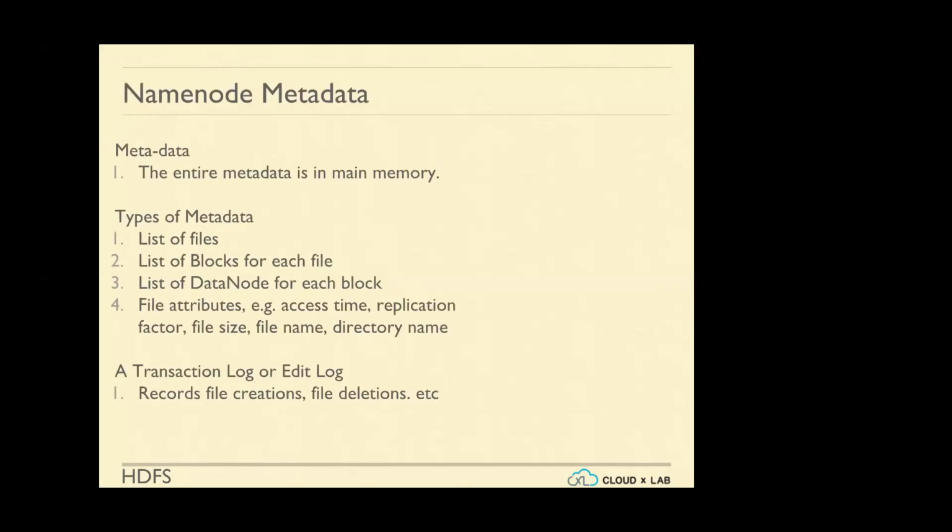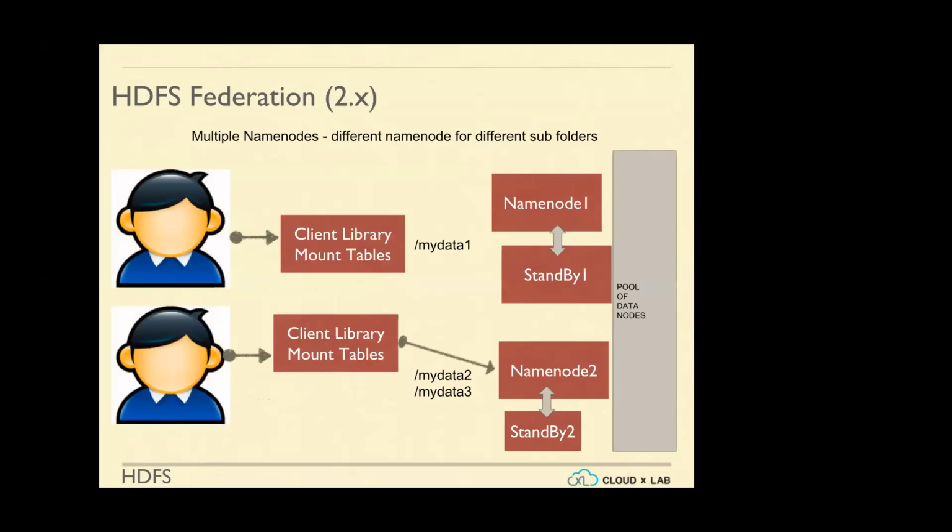A question from Minta: does each client have his or her own name node? Can they have the same data node? So you generally define the name nodes at the organizational level. Let's say your name node is about to become full and you realize that the only way we can survive is by having one more name node.